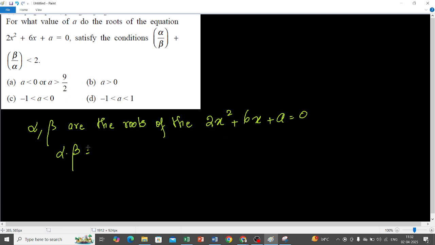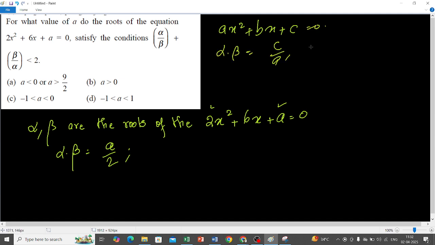Now product of roots is what? A by 2, right? As I gave you the formula in the beginning, product of roots is C by A. You can check the formula once again, or even check my PDF: ax square plus bx plus c is equal to 0. What is alpha into beta?